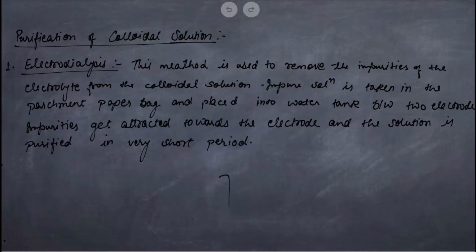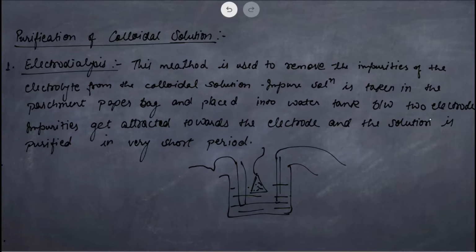Here is a tank, and here is a parchment paper bag hung over it. Here the colloidal solution is filled, and here is the water. One electrode is connected to the battery, and another electrode is connected to the battery.